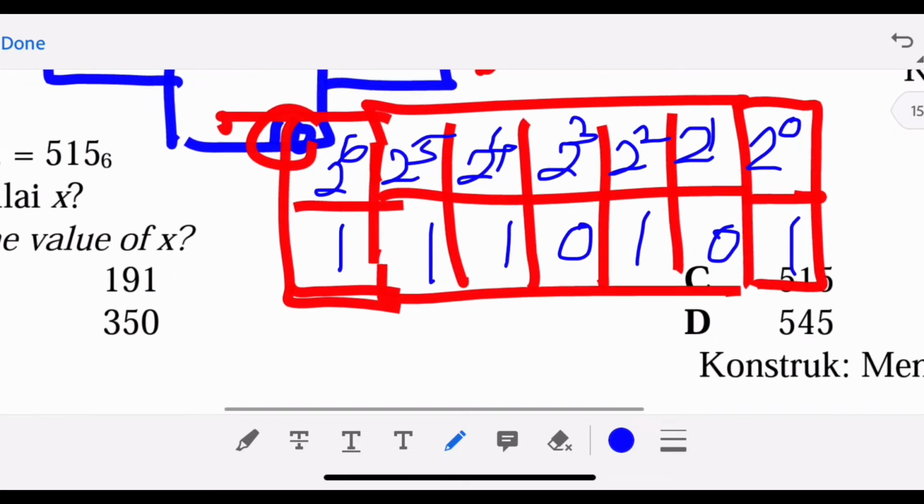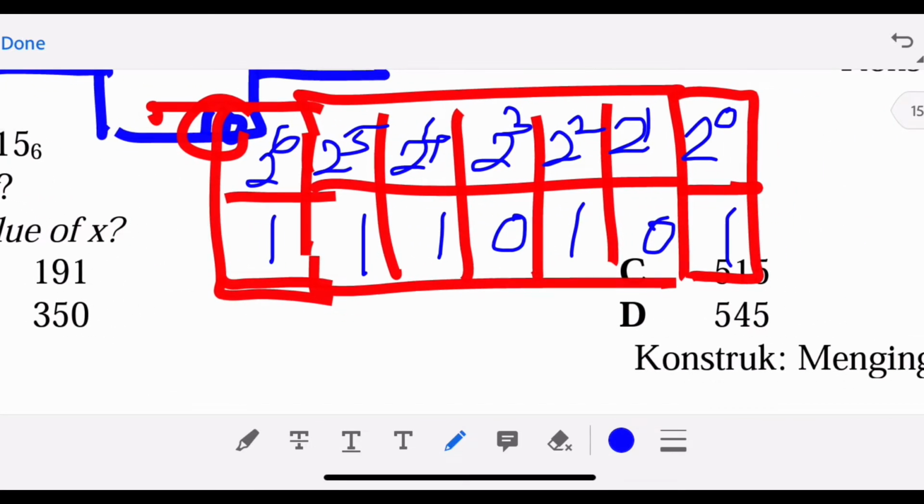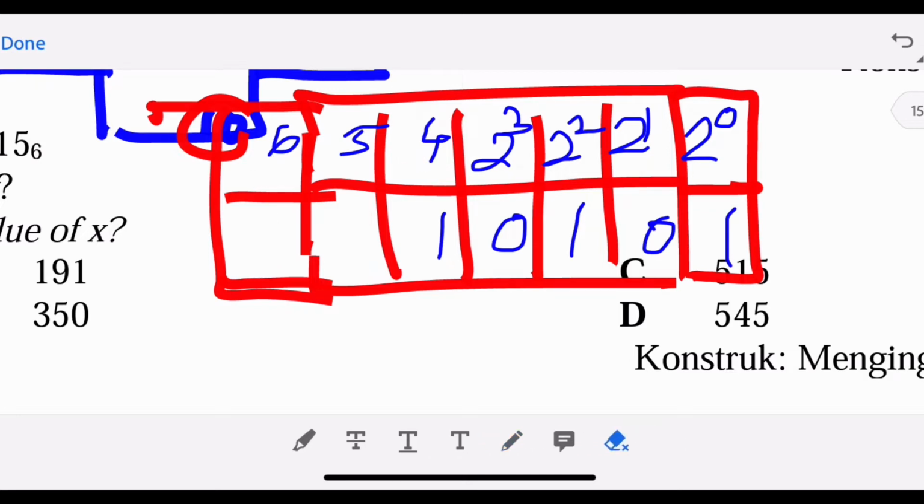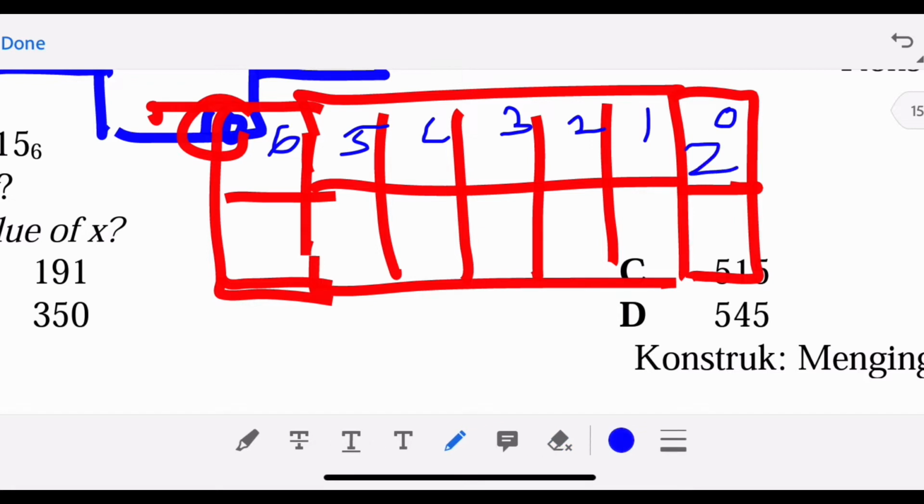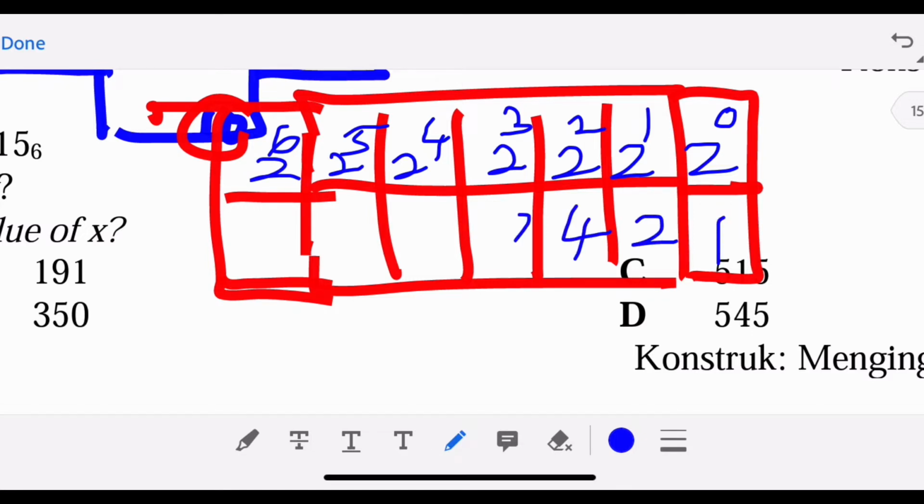If you want to find the value, finding each place value first is better, right? 2 power 0, 2 power 1, up to 2 power 6. You can remember 1, 2, 4, 8, 16, 32, then 64, right?